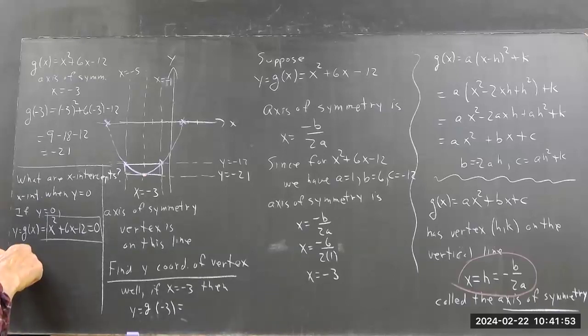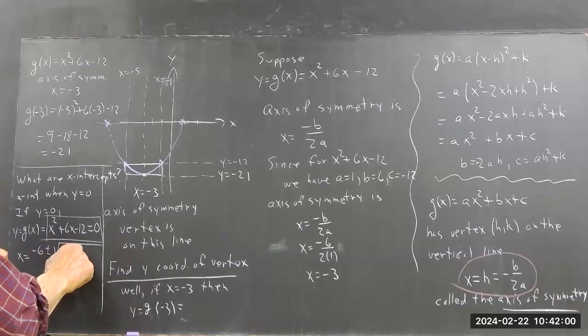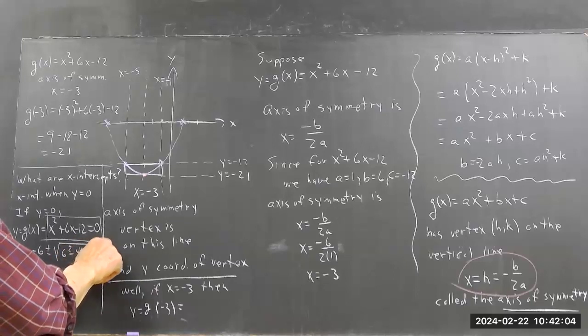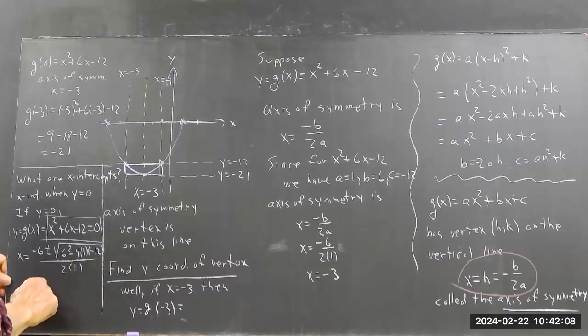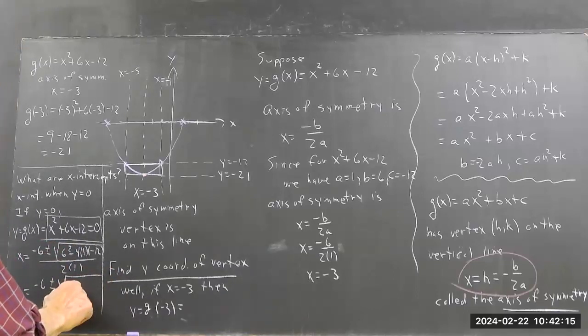And we find that x equals -6 plus or minus the square root of 6 squared minus 4 times 1 times -12, over 2 times 1. And that's -6 plus or minus the square root of 36 plus 48. Well, I think that's the square root of 84, over 2.